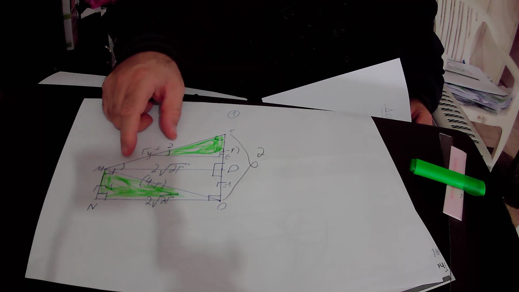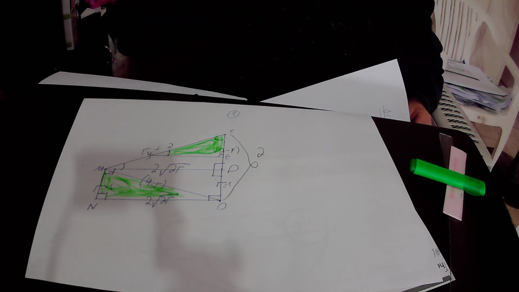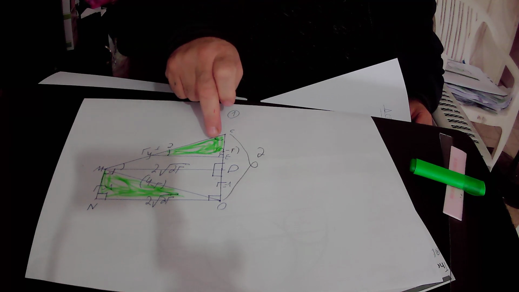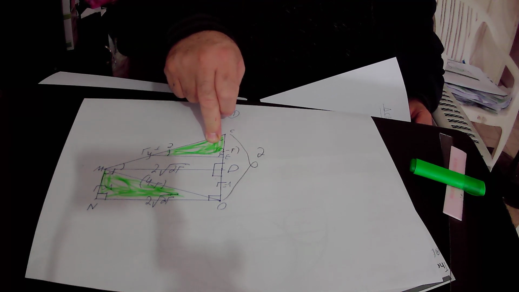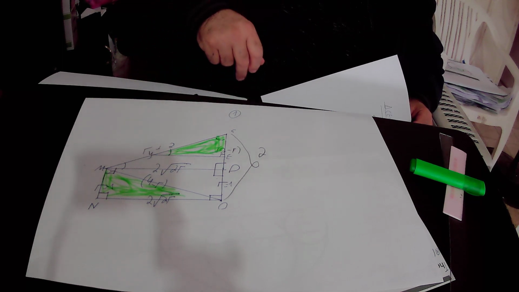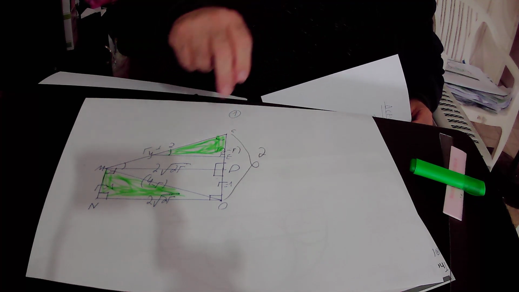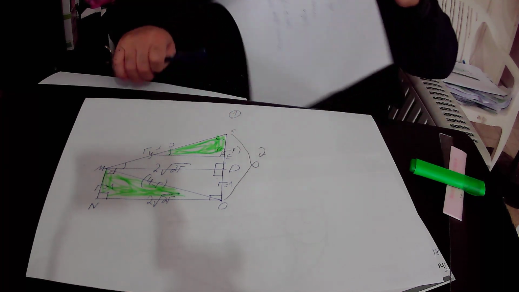Therefore, those two angles are equal to each other. So we actually proved that all three angles of the green triangle are congruent to all three angles of the triangle CDM. Therefore, we proved that those two triangles are similar to each other according to the angle similarity rule.